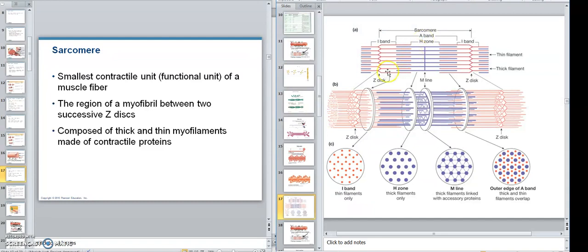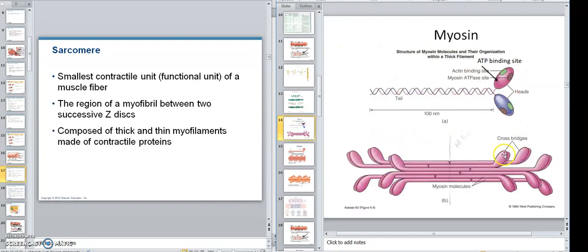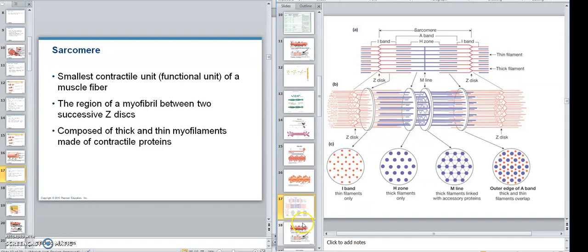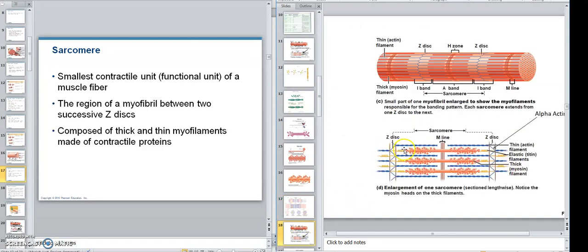Okay? And what happens in the contraction is these myosin heads grab on and pull in from both sides, which then would cause the muscle to shorten because you would pull this in. So if you look at it, what gets smaller as you pull in?